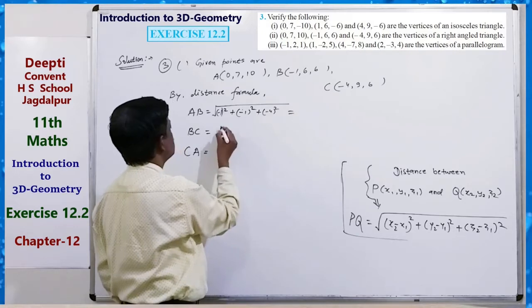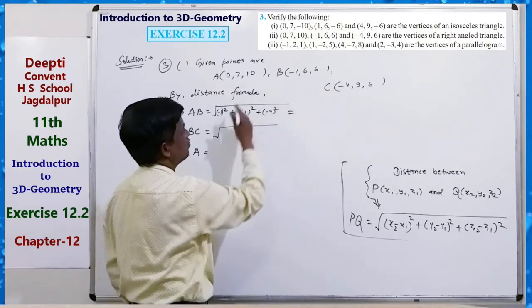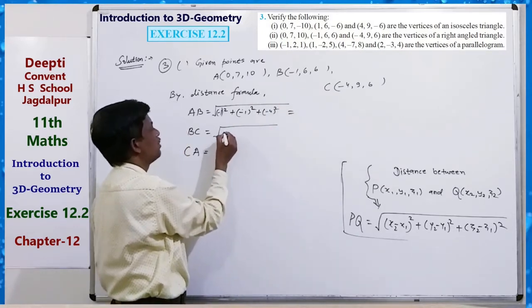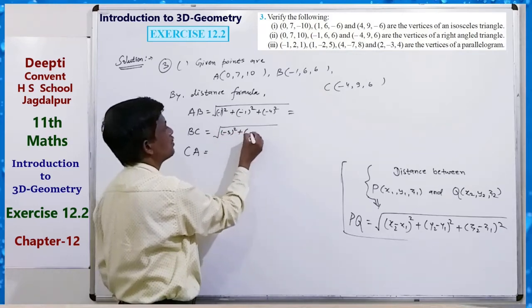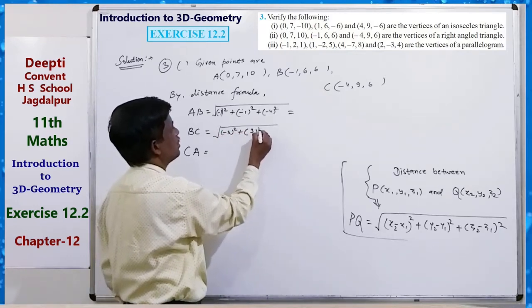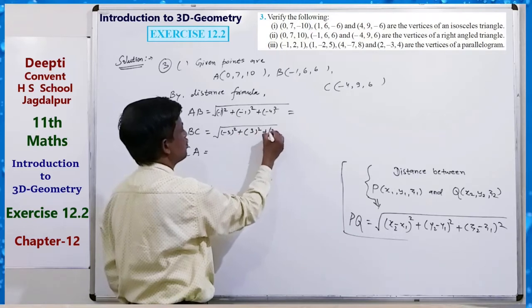Similarly, BC is (minus 4 minus 1, that is minus 3) square plus (9 minus 6, that is 3) square plus (6 minus 6, that is 0) square.